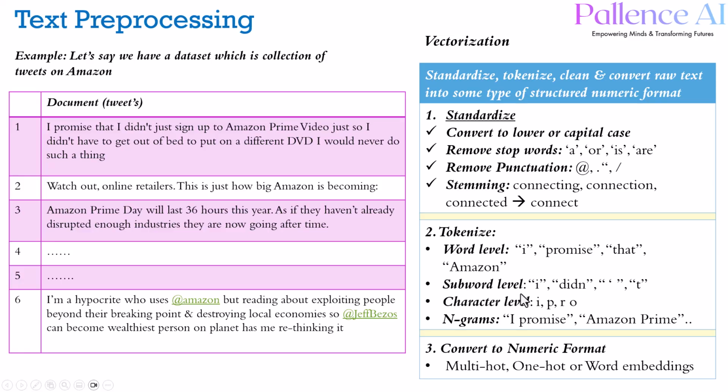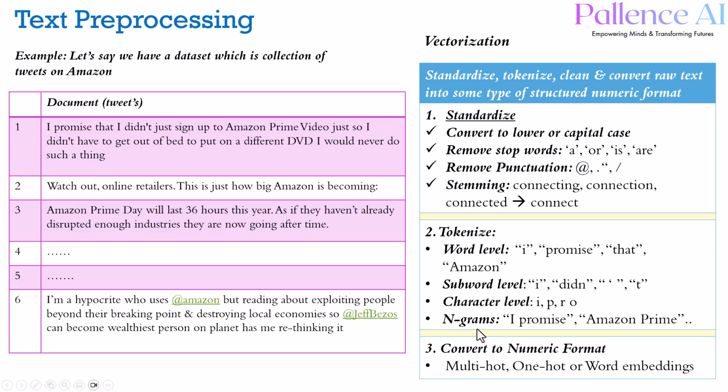Then you could also have subword level, meaning you're not only breaking your sentence into individual words, you're breaking them down into subwords. This is a more popular approach right now used in deep learning, in all the LLMs. It's subword level tokenization. You could also tokenize your data into character level. Basically, you just divide into characters and you have a finite set of characters. This approach is not much used anymore. Mostly with deep learning, you use subword level or word level.